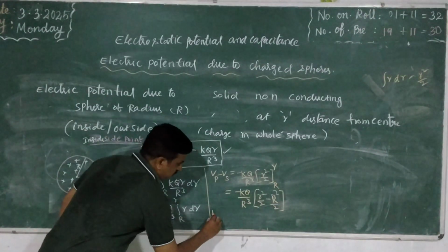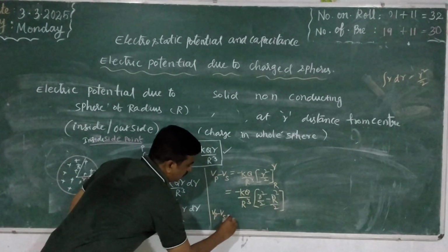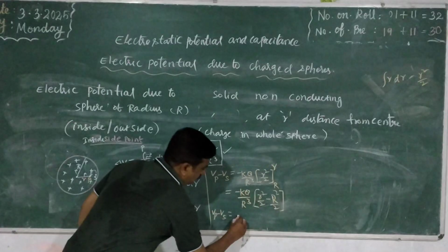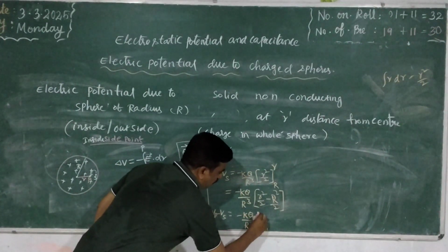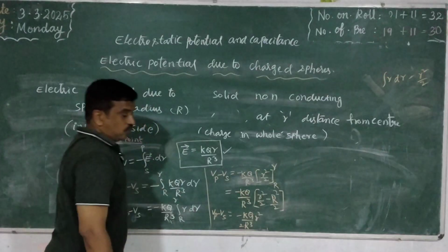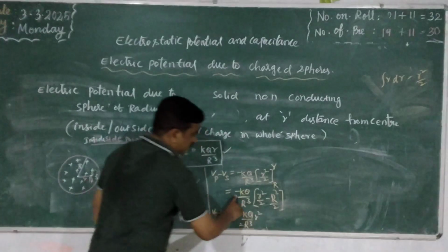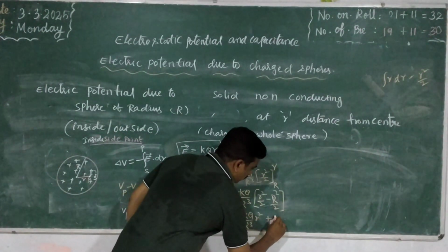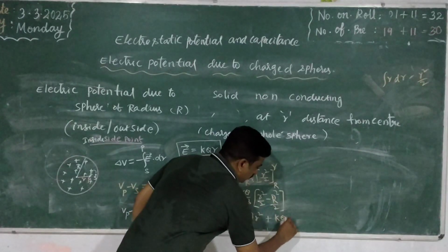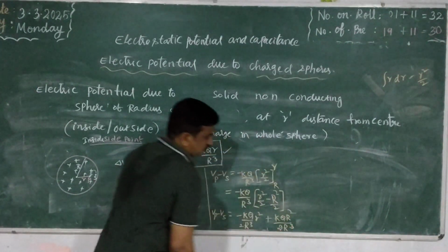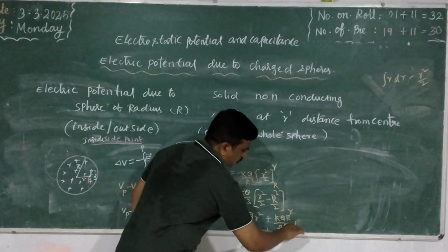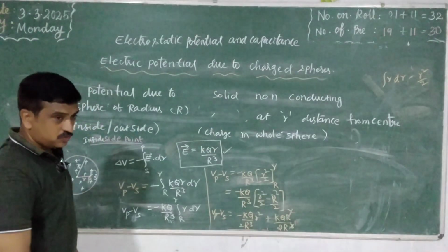Potential at P minus potential at S equals minus of KQ by R cube into r square by 2, so KQ r square by 2R cube, and minus into minus gives plus KQ capital R square by 2 capital R cube. Here R square and R cube, one R we can have, so R square cancels, one is there.